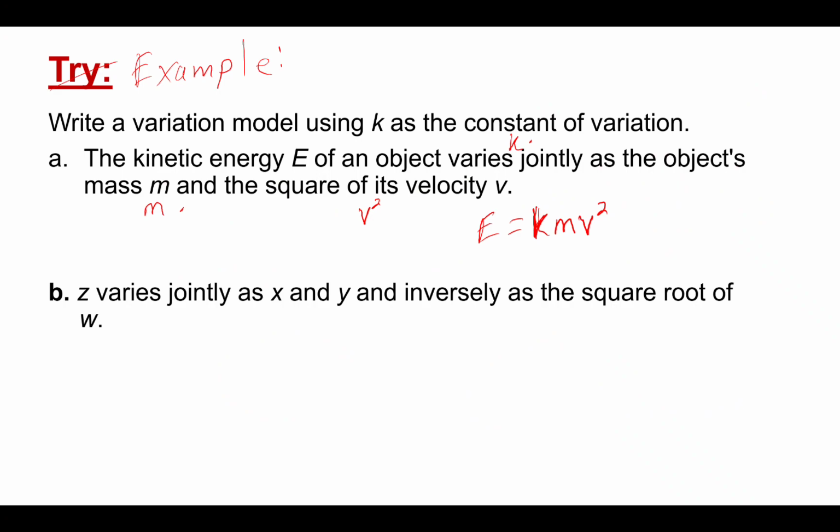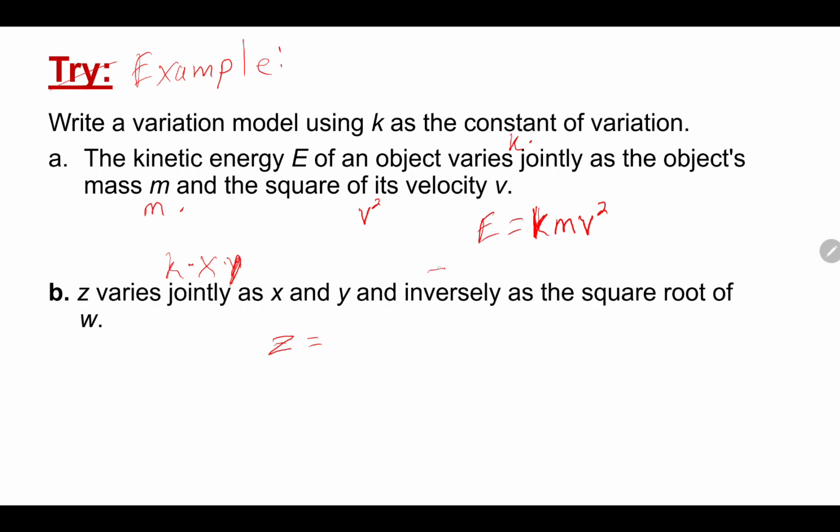Z varies jointly as X and Y, and inversely as the square root of W. So we have Z equals, and this is where jointly comes in, so we're going to have K times X and Y. Remember, it would say Z varies directly as X if we were only having K times X. But because we're told it's jointly, we can expect to have more than one thing.